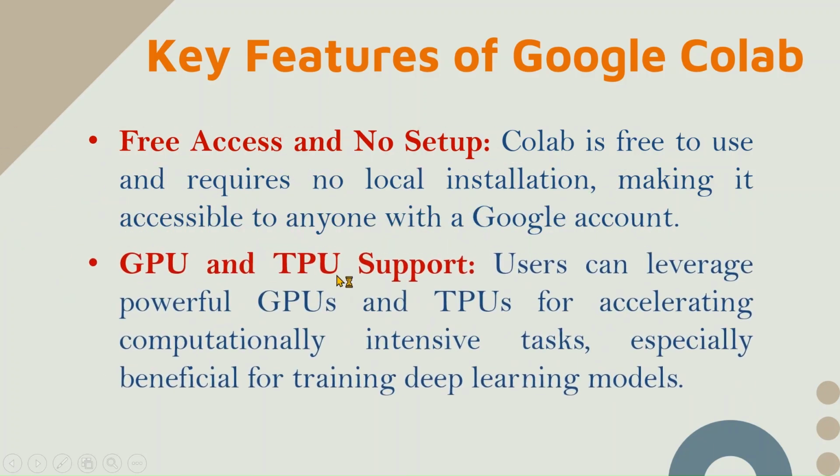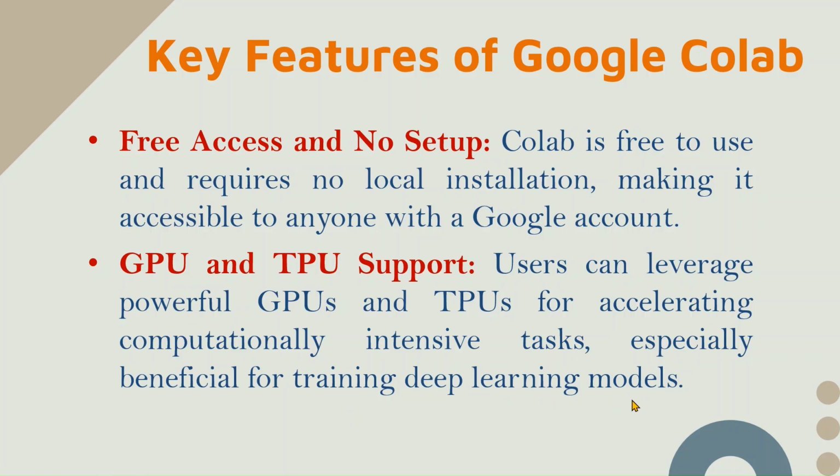GPU and TPU support. Users can leverage powerful graphics processing units and tensor processing units for accelerating computationally intensive tasks, especially beneficial for training deep learning models. When you go for neural networks, when you go for deep learning applications where a lot of computational power is required, your normal CPU cannot support that.